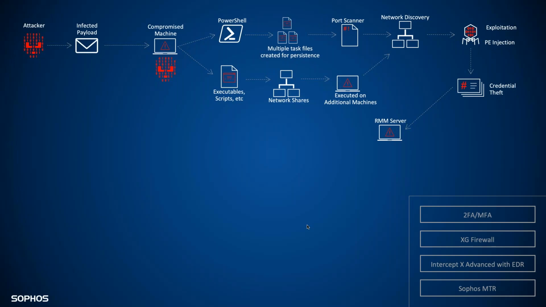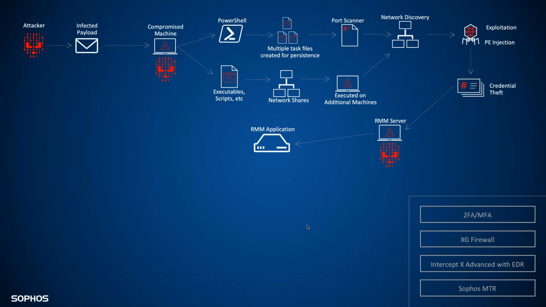Once they get access to this, it's just a matter of time before they're able to determine what the credentials are or who has those credentials and who they need to go in and find. And they've now got that RMM server owned at that point. Eventually, they'll get into your RMM application. And as we all know, that is not going to be good.